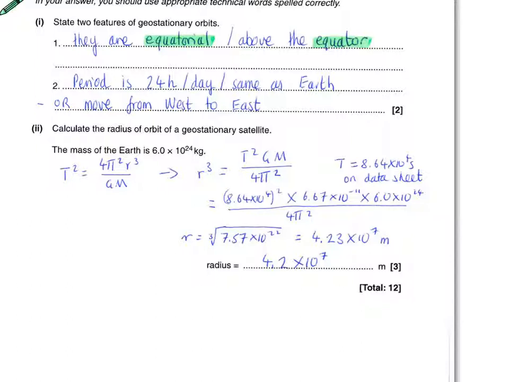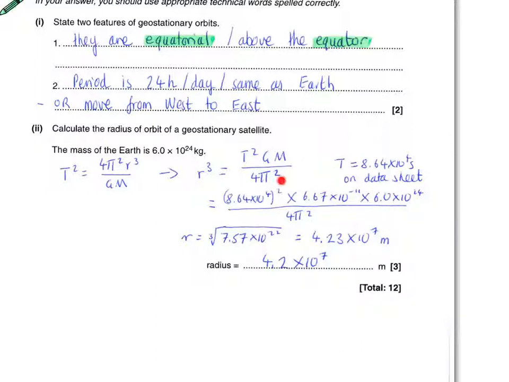But in essence, we take that equation, we put in the data that we know: the mass of the Earth is 6 times 10 to the 24. If you're clever and use your data sheet, you're told that 1 day is 8.64 times 10 to the 4 seconds. Interestingly, that means you essentially had to know that fact to be able to do this question.